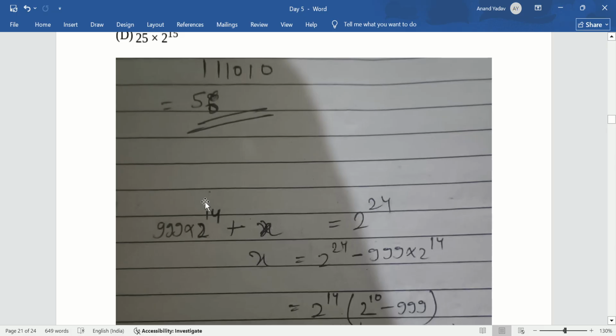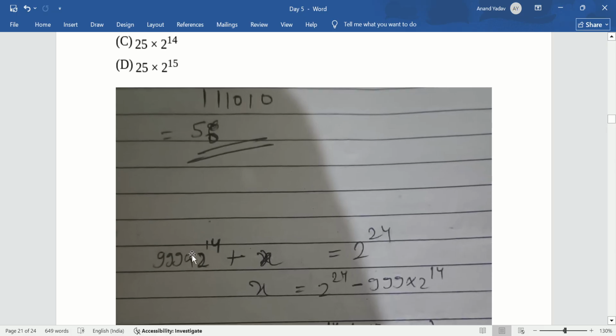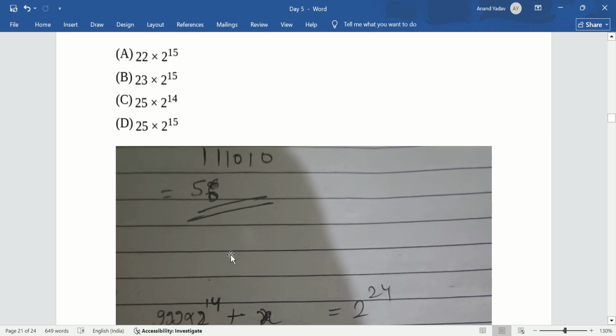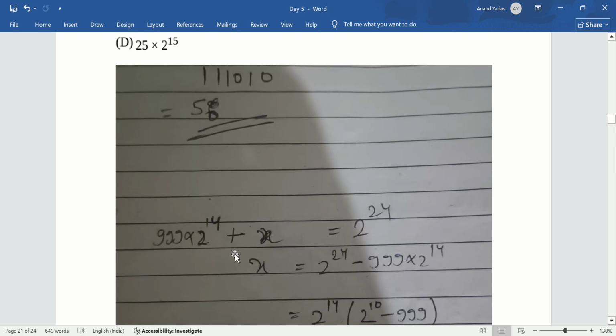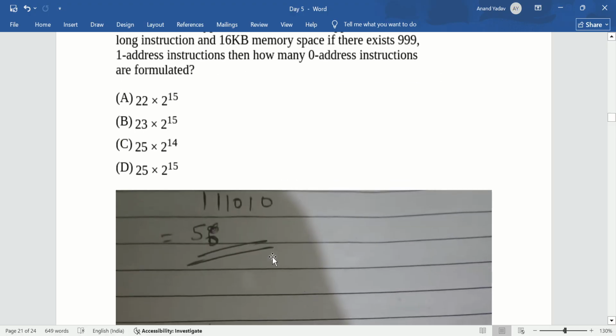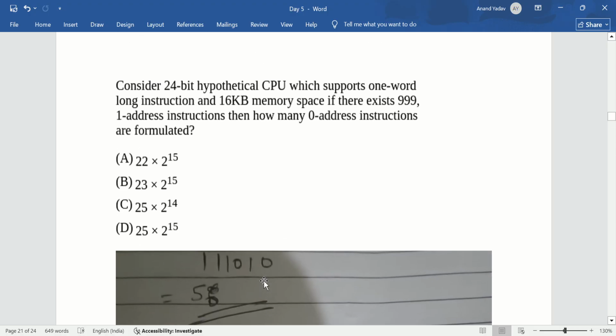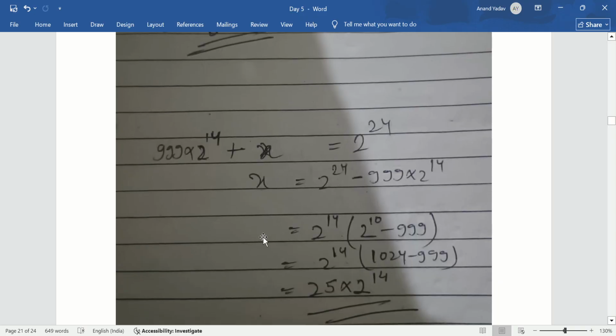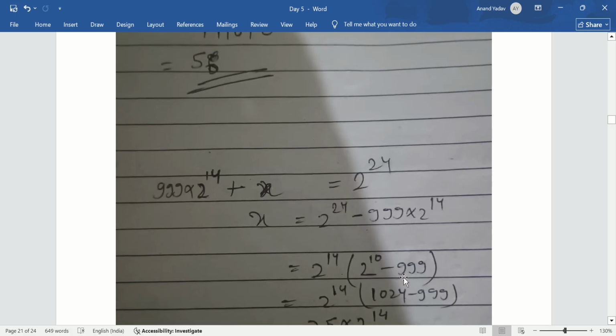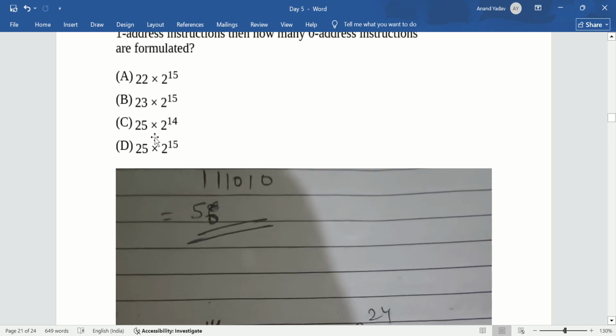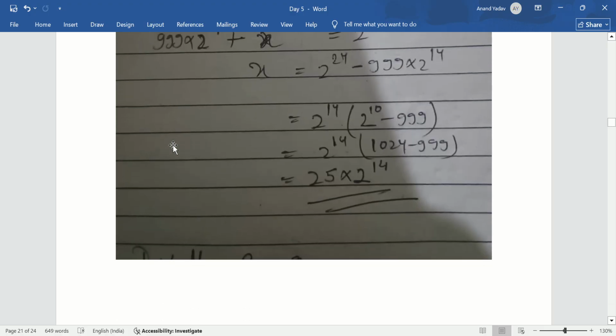For this, I will solve it this way: 99 one-address instructions multiplied by 2 to the power 14 for addressing, plus x zero-address instructions. By calculating this, I will get 25 times 2 raised to power 14. So option C is correct for this question.